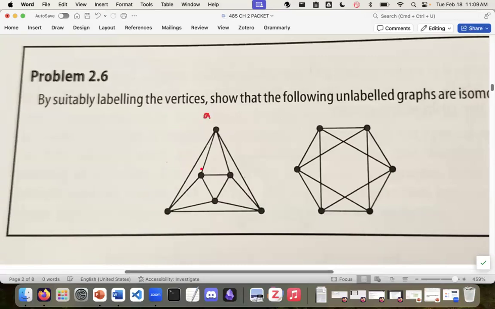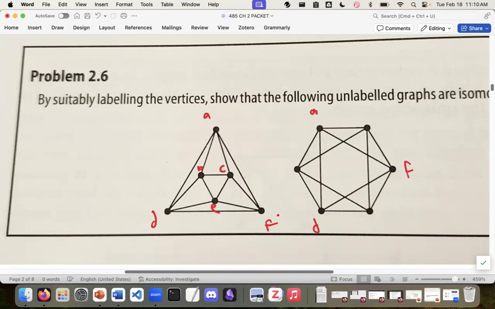Okay, so let's say A, B, C, D, E, F. So I think what happens is B, C, and E, the inner ones, get expanded out, right? So first let's look for a triangle, A, D, and F, right?